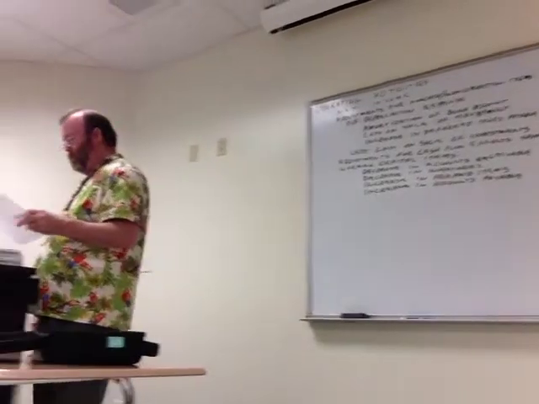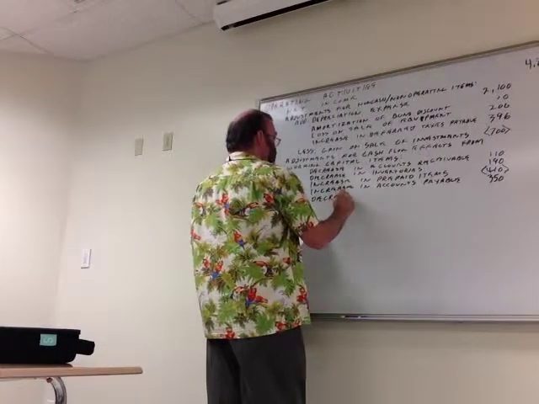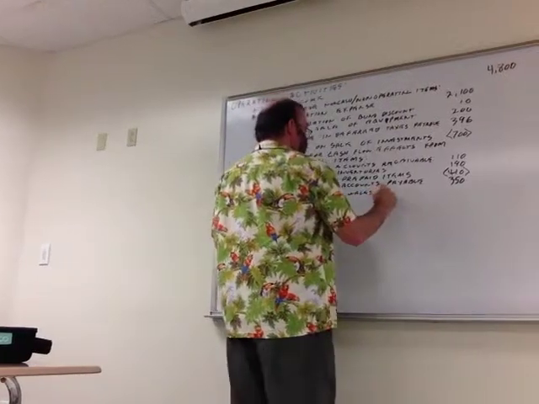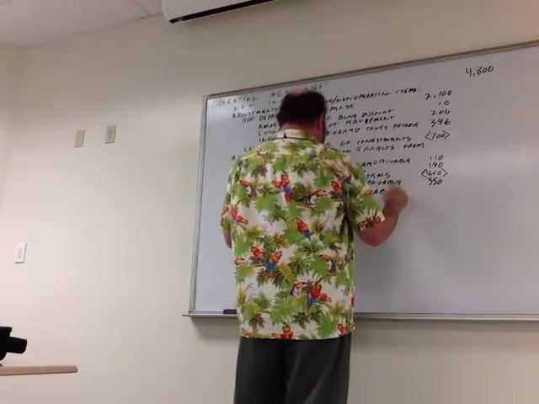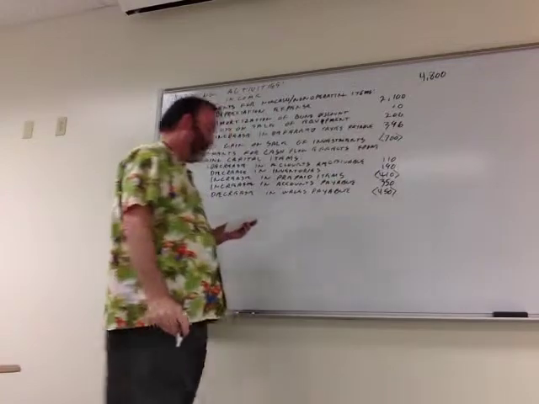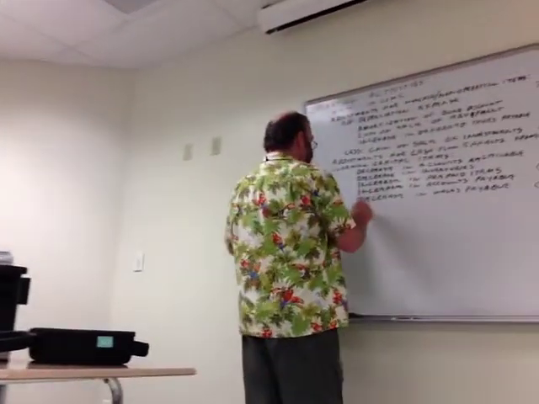Wages payable went from $1,100 down to $650, a decrease in wages, $450. Income taxes payable went from $2,400 to $2,504. They went up, an increase.